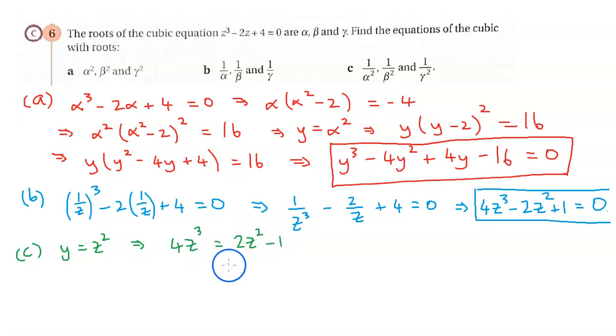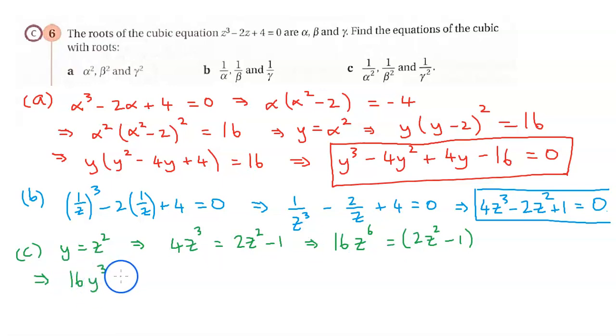Now we want to end up with even powers everywhere, so let's go ahead and square both sides. So we get 16z to the power of 6 is equal to (2z squared minus 1) squared. Things are looking great because z to the power of 6 is just y to the power of 3. So that gives us 16y to the power of 3 is equal to, and I forgot to square the other side, (2y minus 1) squared.